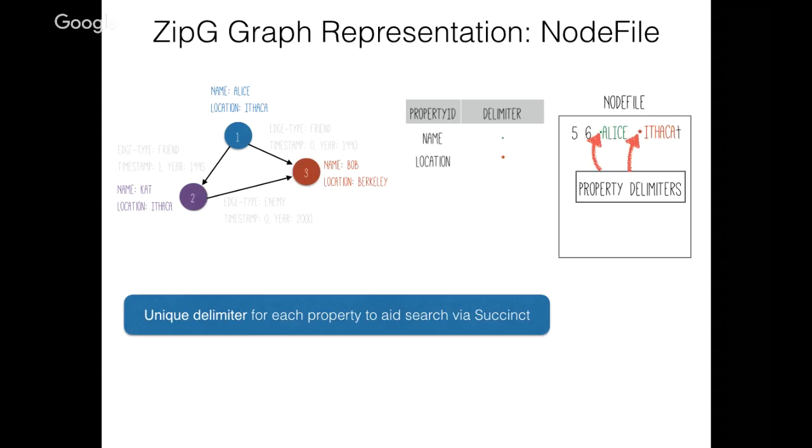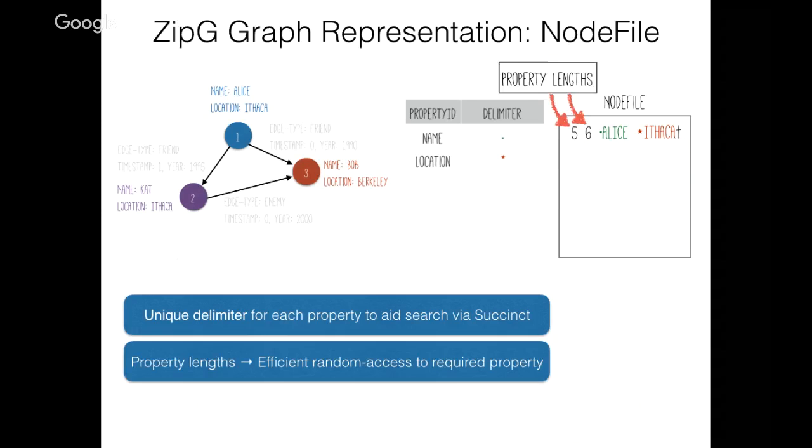But for now, the way the property values themselves are written out for a node is by writing out the property values separated by their respective delimiters, as shown over here. ZipG also adds a special node record delimiter, which marks the end of all the data corresponding to a particular node. Then ZipG writes out the lengths of each of the properties before writing out the property values themselves. And this is mainly to enable efficient random access to the individual properties of a particular node.